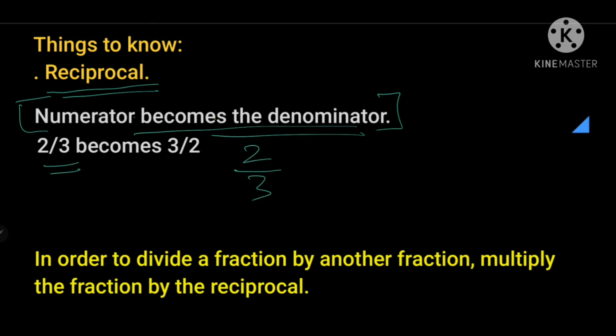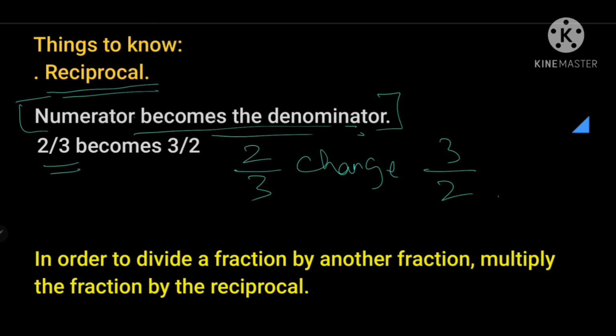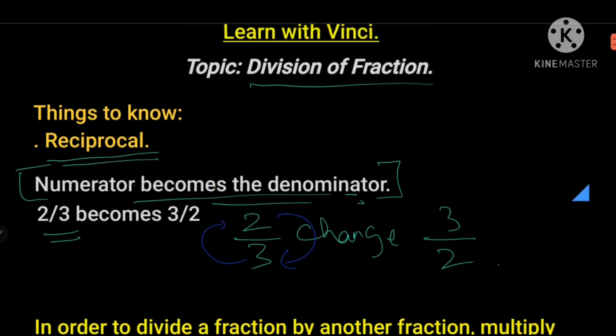Now, if we want to do reciprocal of it, then it will change and become 3 by 2. That means the numerator becomes the denominator and the denominator becomes the numerator. This is a simple concept which we have to keep in mind while we are doing division of fraction.